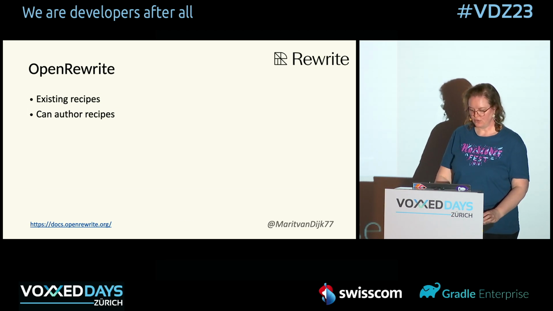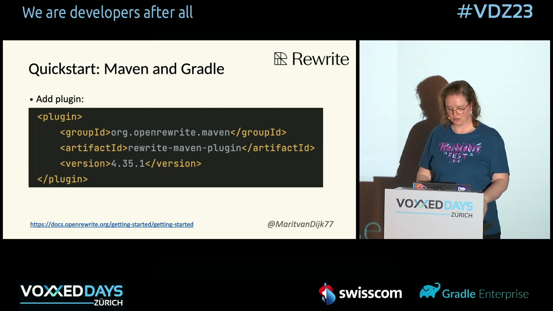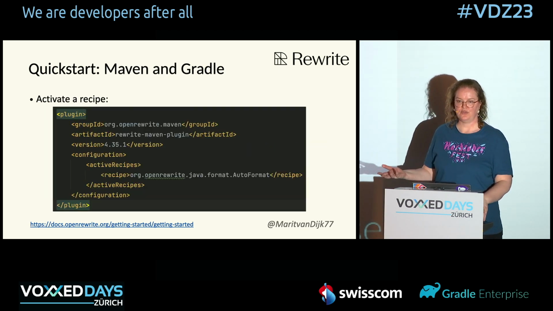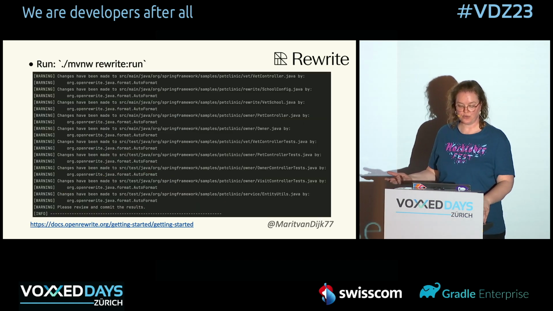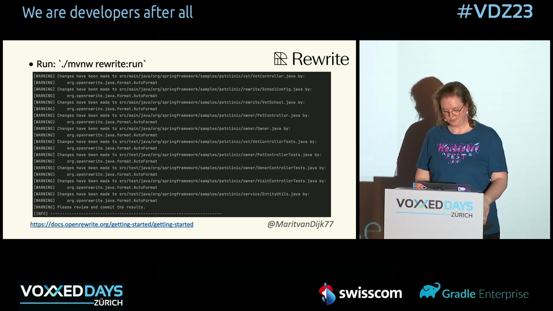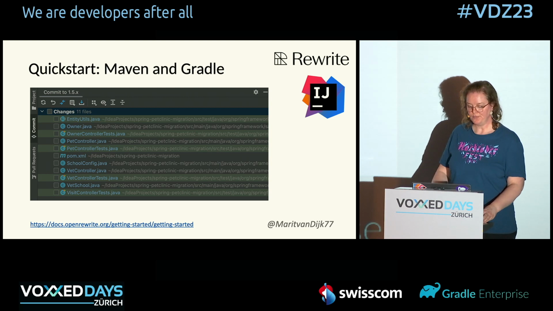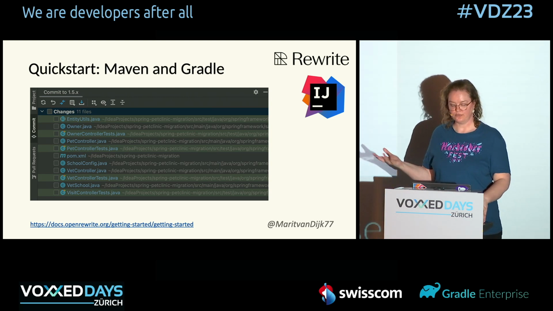They have a quick start on the website. You can add it to your POM XML or build Gradle and configure which recipes to use. And then when you run it, it will make the changes to your code that you can look at either in a Git diff or your commit tool window to check whether you want all of those changes.